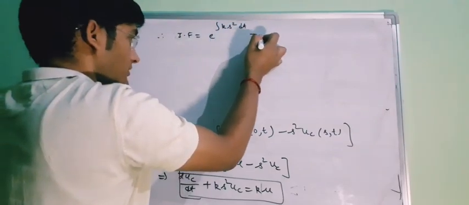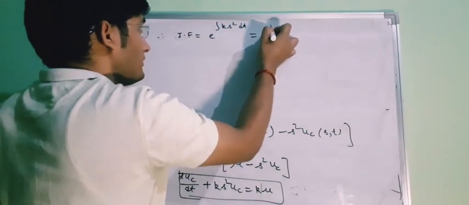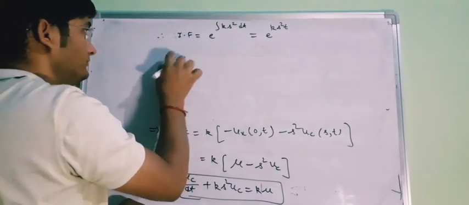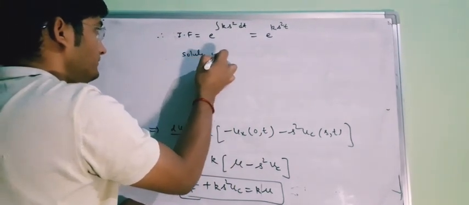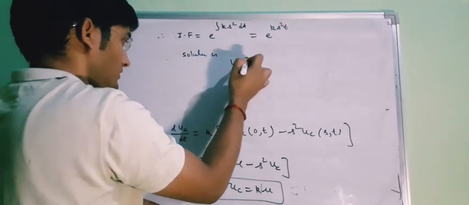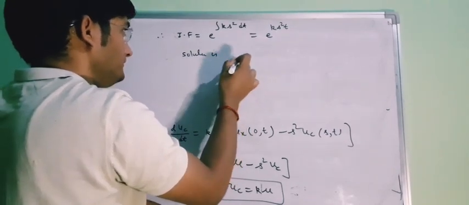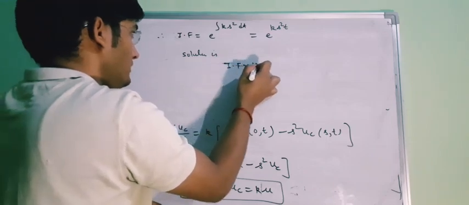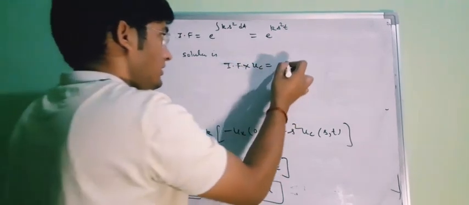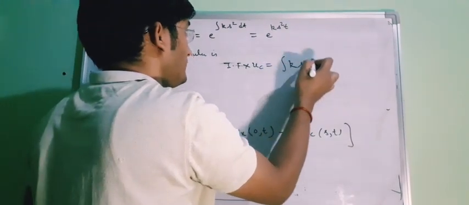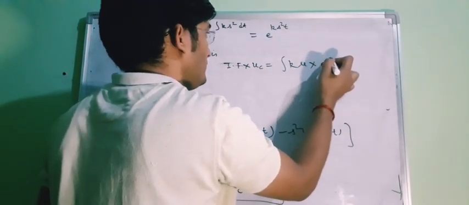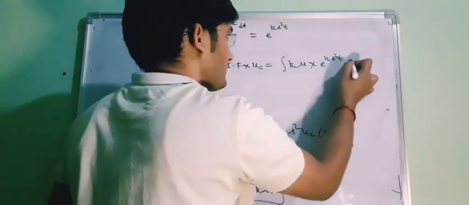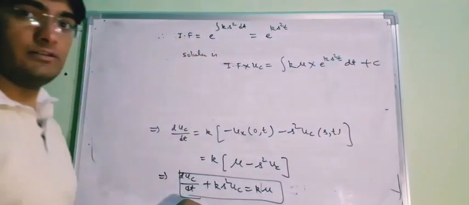So this will be e to the power k s square t, and the solution is uc into integrating factor equals k mu into integrating factor e to the power k s square t, and then integration with respect to t plus some constant of integration, say c.